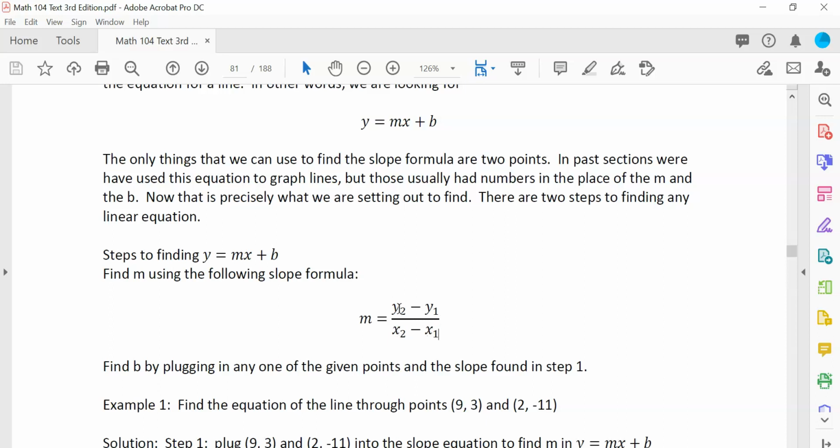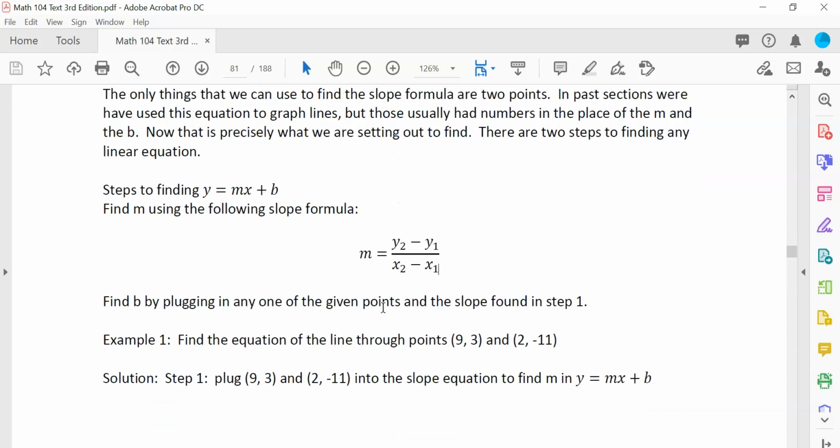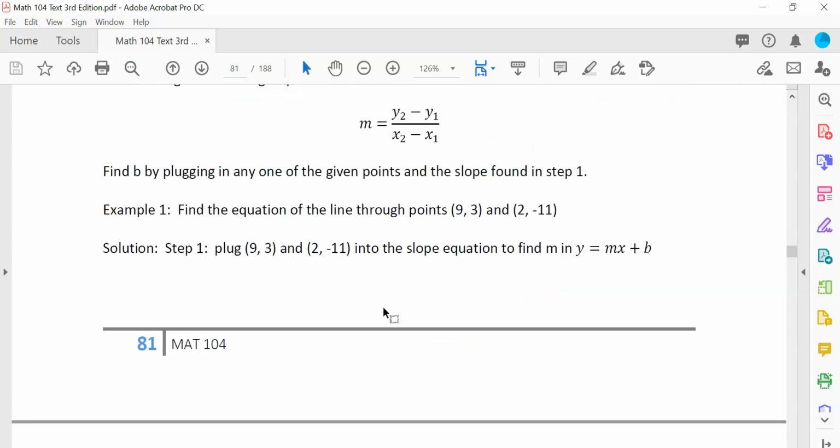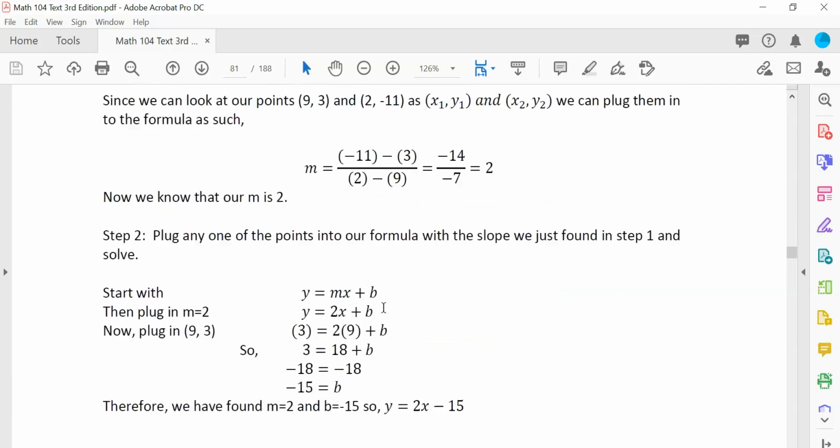Notice we have to be really careful. If we start with the second y value, we have to start with the second x value. In other words, you can't mix up which inputs you have. There's an example here that you can follow if you like. You can do that one on your own.